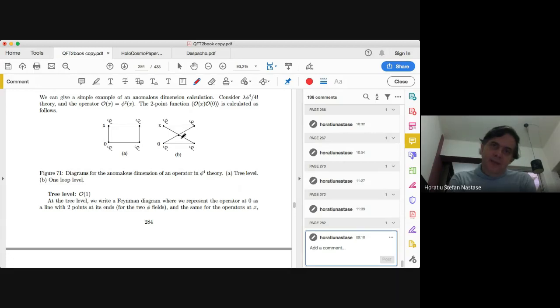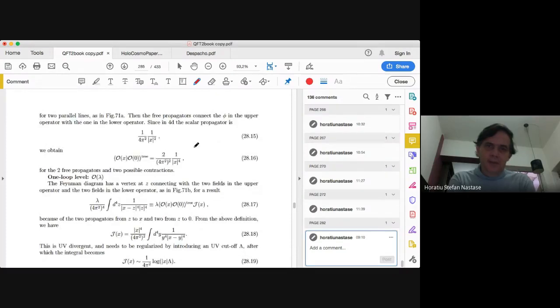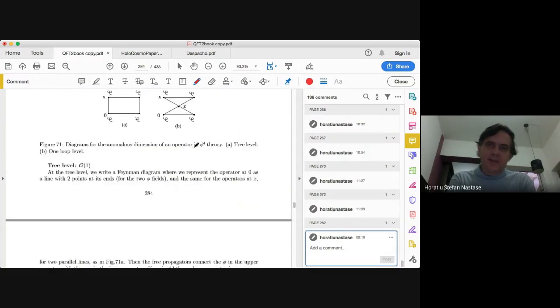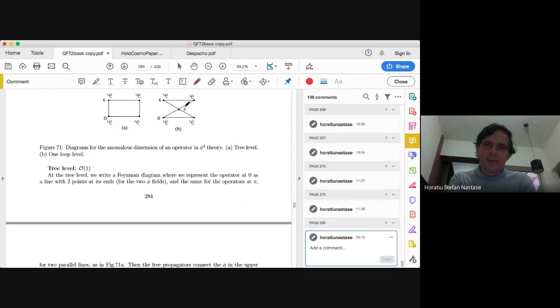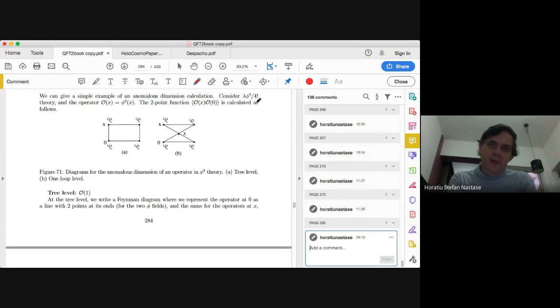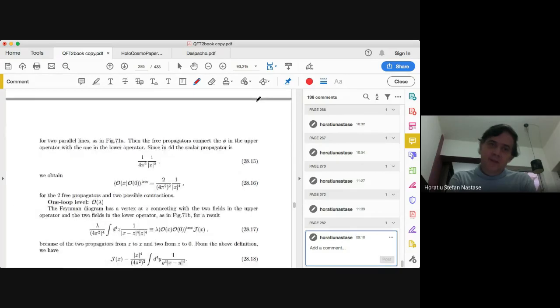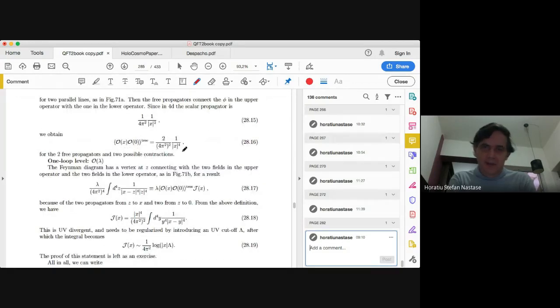So I connect the 2 lines here with the 2 phis here, and the 2 lines here with the 2 phis here. Of course, there's a combinatorial factor which just cancels the combinatorial factor in the interaction. The interaction is lambda phi to the 4 divided by 4 factorial, so I just cancel that 4 factorial. That's it.